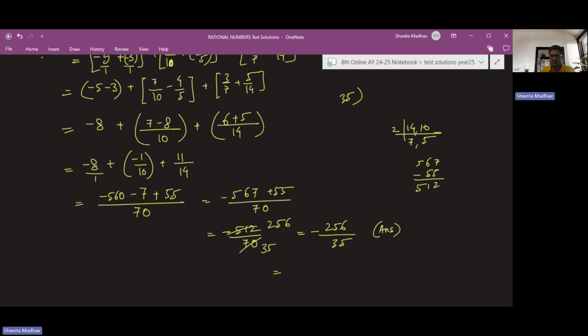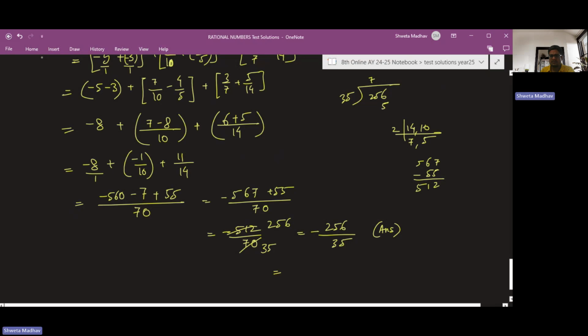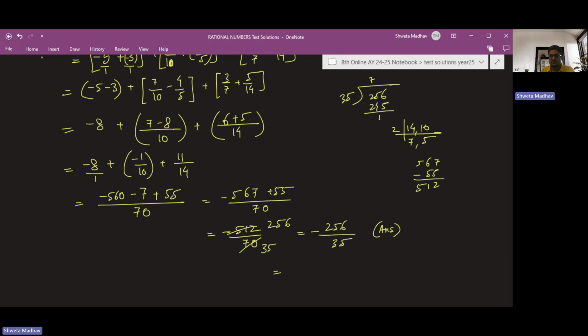The 256 we can divide by 35. So 35 7s are 245, so this will be 11. So this will be equal to minus 7 and 11 by 35. This also we can write as the answer.